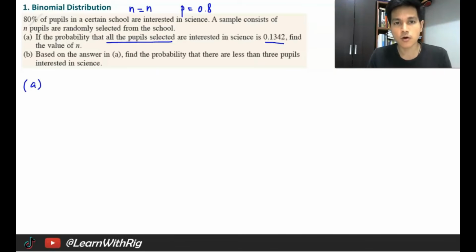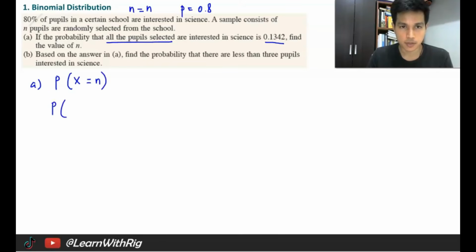They told you all pupils selected. So out of the n pupils that were randomly selected, all of them are interested. So in other words, the probability that you're finding is P(X = n). Why? Because do you remember the formula is what? P(X = r), right?